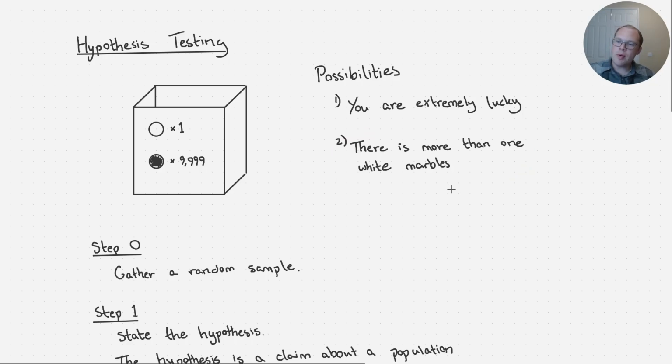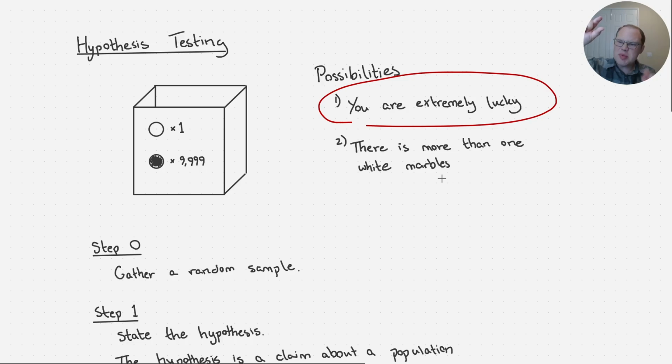Now say we get a different box, and I tell you 10% of the marbles are white. So that'd be 1,000 of the 10,000. And you do the same thing, you close your eyes, you mix the marbles up, you reach in, you grab out a white marble, and it's white again. Now this time, you don't have to be super lucky. It's still unlikely to happen, but there's still a 10% chance that you get that white marble since 10% of the marbles are white. So you don't have to be extremely lucky, you just have to be a little bit lucky.